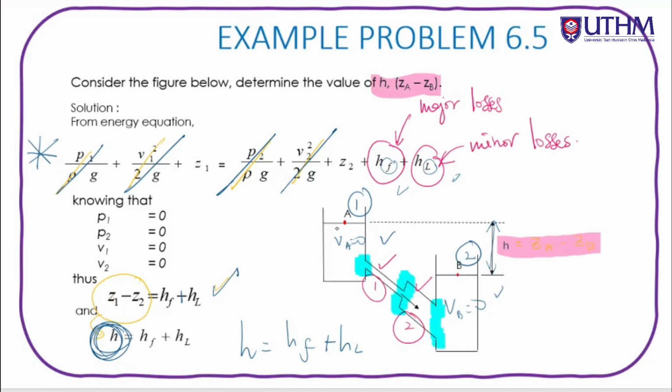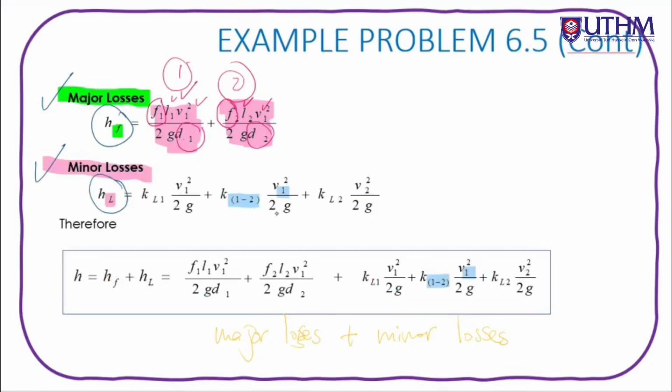So we can say there are three parts. One is losses due to the entrance. Number two is due to the sudden expansion, from the small pipe to the big pipe. And the third is the exit losses. That's why we have KL1, in which this is the entrance losses.